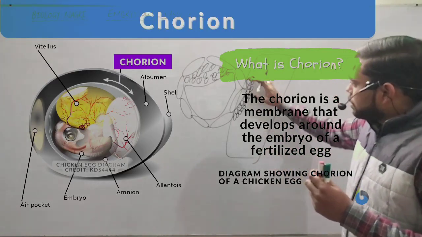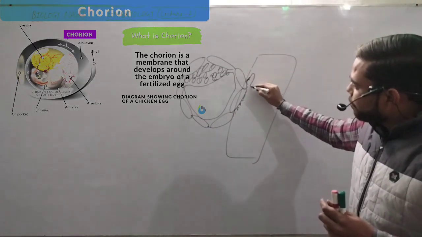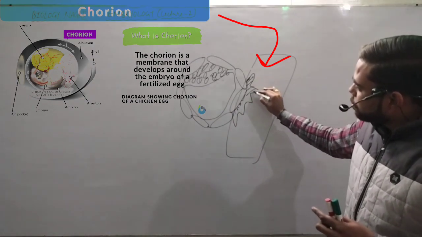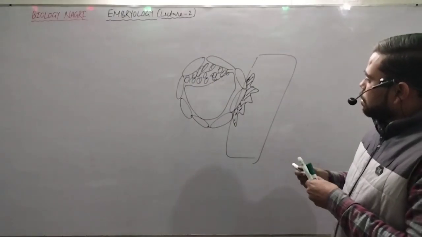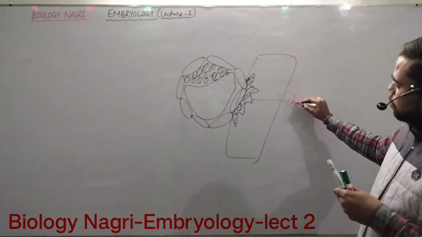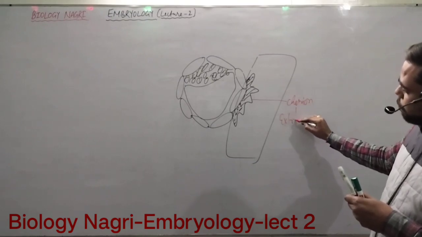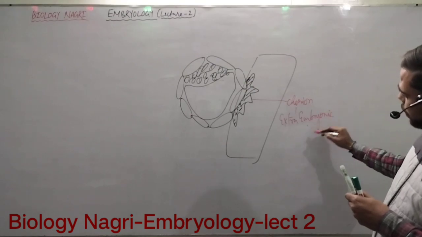After some time, these cells differentiate themselves into finger-like projections like this. This is the chorion, beta, and chorion is an extraembryonic layer.